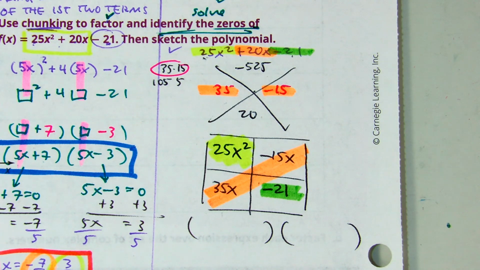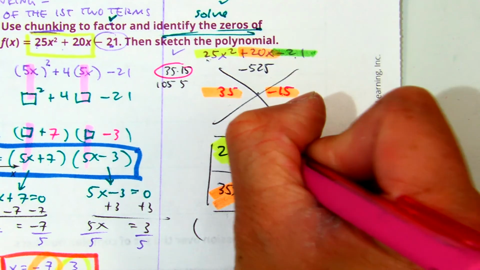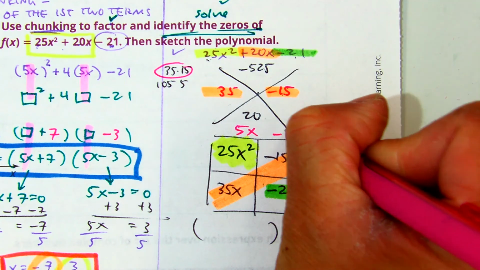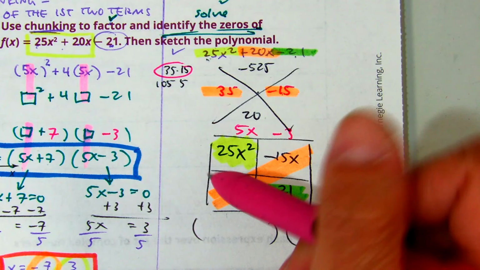Daphne, what did you get on the top here? 5x minus... Thank you. Natalie, what did you get on this side?